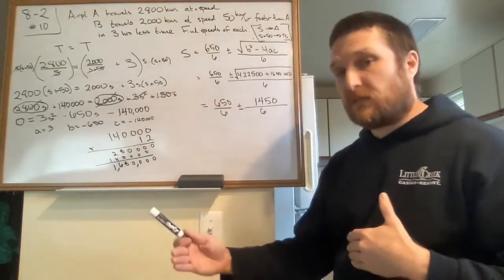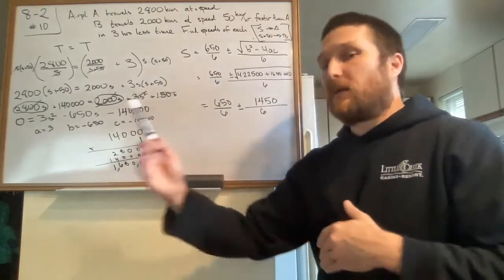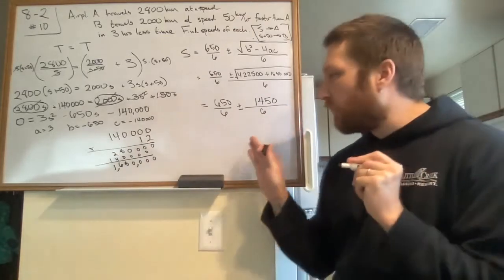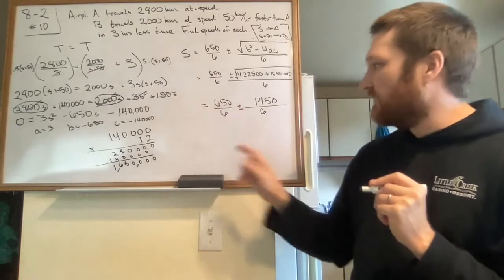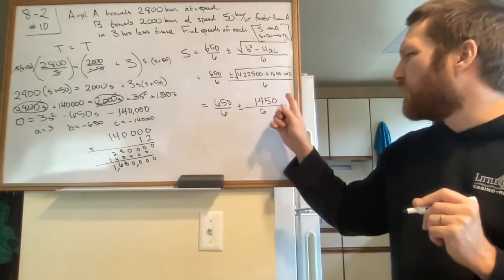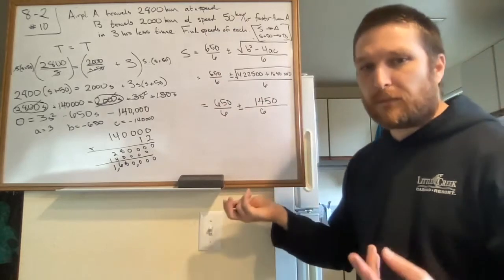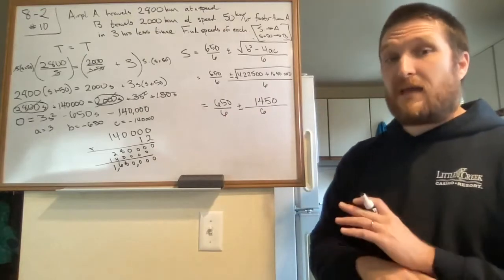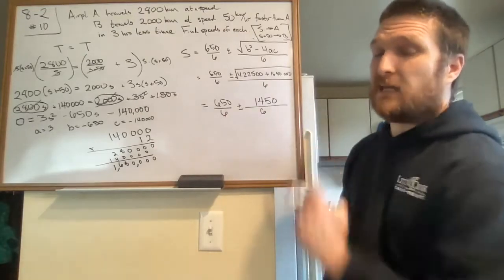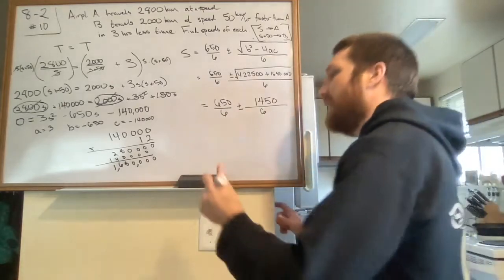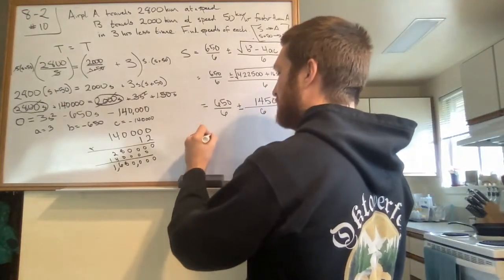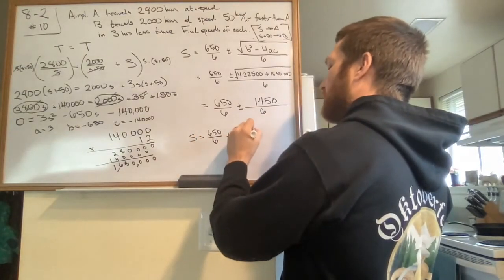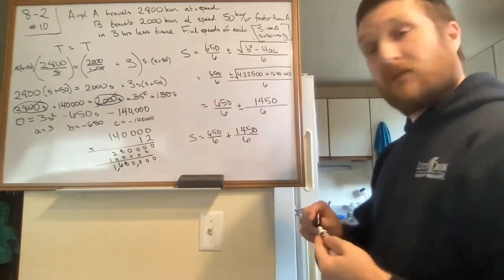We're talking about actual distances and positive times, so we have to have a positive speed. So I could throw one of these out. 650 over 6 minus 1450 over 6 is going to be a negative number because 1450 is bigger than 650. We know that speed can't be negative, so we take the positive answer, which is 650 over 6 plus 1450 over 6.